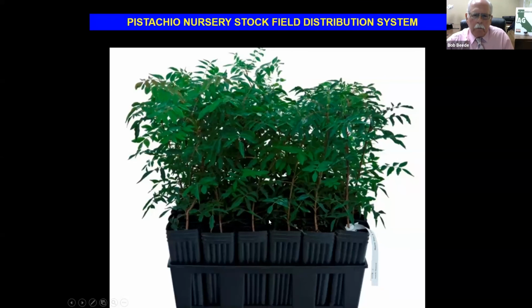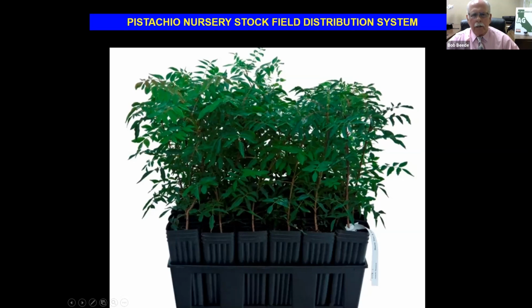But I want to make this point very, very clear. When you plant trees out of the nursery that are in full leaf, you have to realize how tender they are, and you have to take tender management practices to ensure that they're successful.